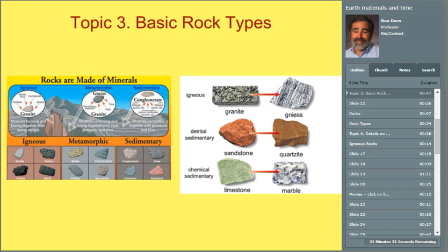That would be detrital and chemical sedimentary rocks, or metamorphic rocks that are made by the reforming of minerals when they fuse together with heat, pressure, fluid, and time. All these different types of rocks I'll explore in greater detail next.